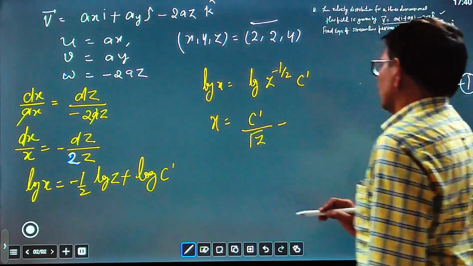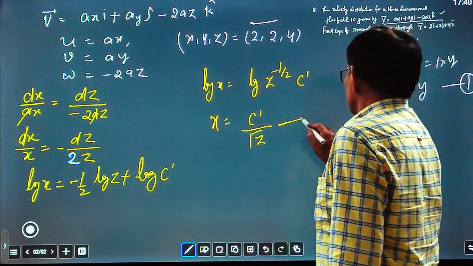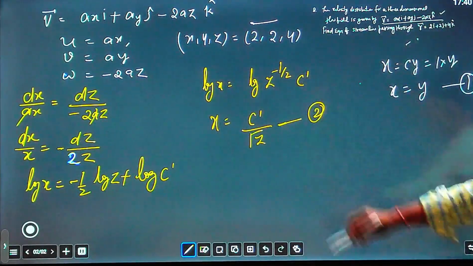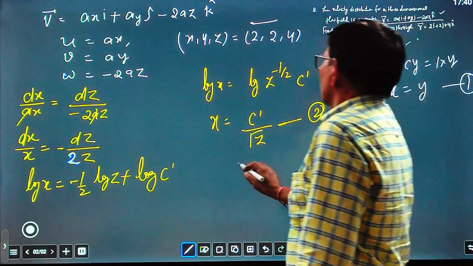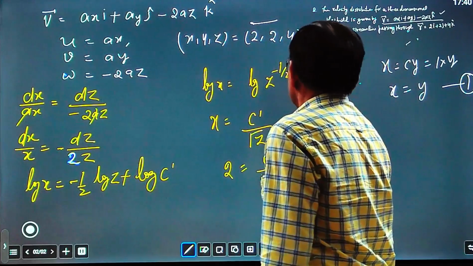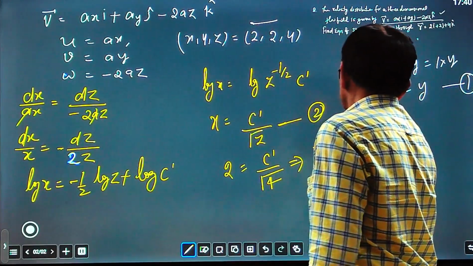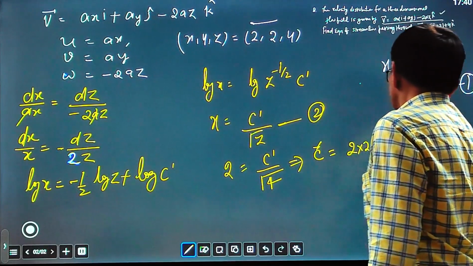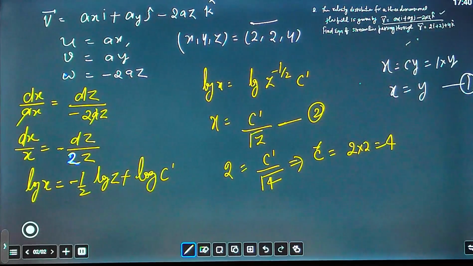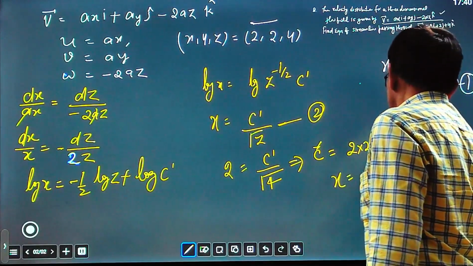Now putting the condition here, equation number 2. Putting the values of x and z: 2 equal to c dash upon under root 4. So c dash equal to 2 into 2 equal to 4. So the equation becomes x equal to 4 upon under root z.